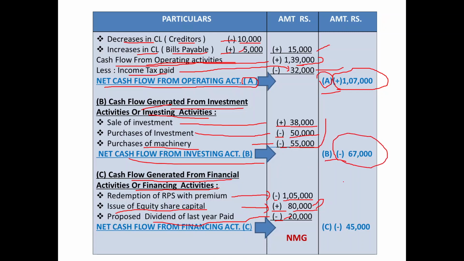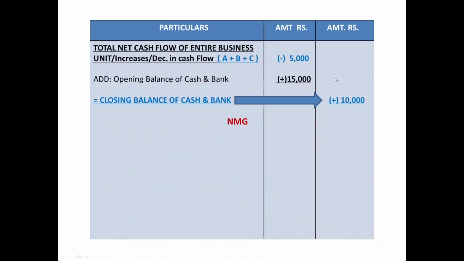We have to use this again later too, and net cash flow from financing activities C, total of these 3 minus 45,000. So A plus 1,07,000, B minus 67,000 and C minus 45,000. And now the final picture, increases or decreases in cash flow or net cash flow of entire business. A plus B plus C, that gives minus 5,000.